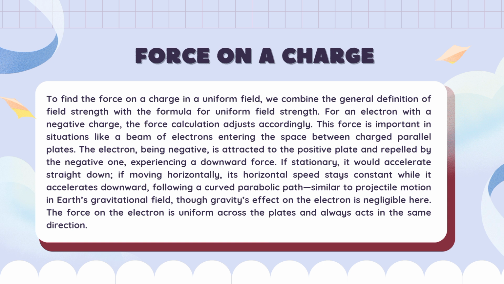This is similar to projectile motion in Earth's gravitational field, so the effect of gravity on the electron here is negligible. The force on the electron is uniform across the plates and always acts in the same direction.